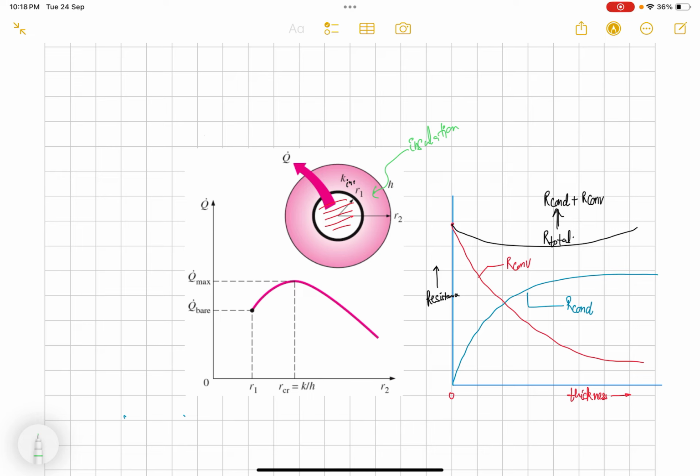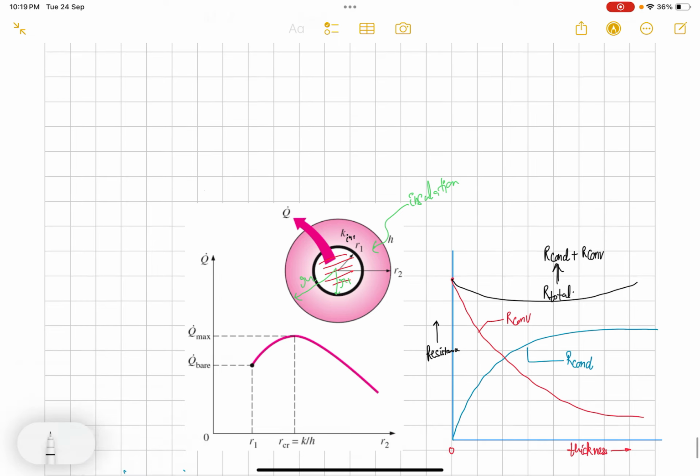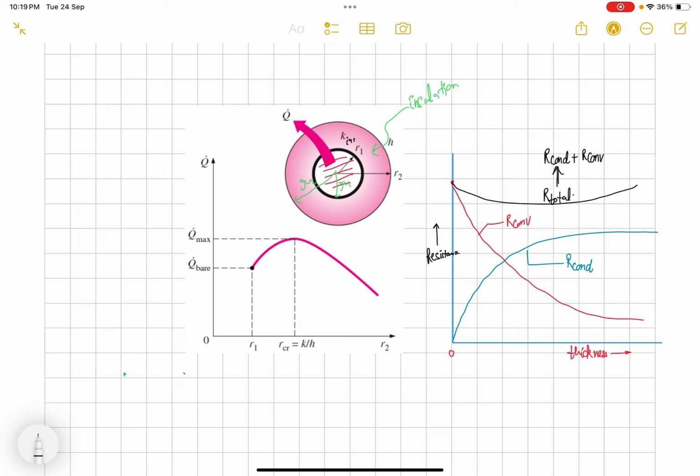So this is the radius r1 and this is the radius r2 of the insulation. r1 is the base material radius, or it is also called the radius of the bare material. So when we insulate it, the conduction resistance of the insulation will come into the picture.